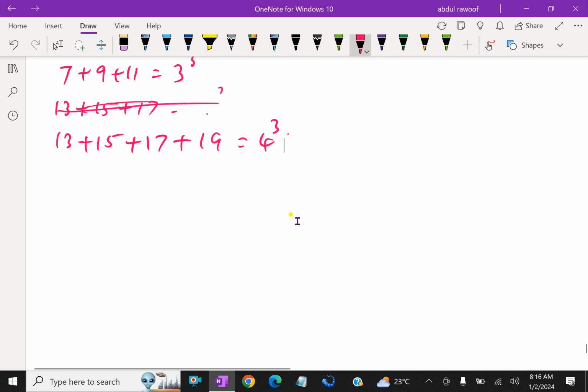This is a very interesting pattern. We can extend this pattern to the cube of any number, that is 1 cube, 2 cube, 3 cube, 5 cube.